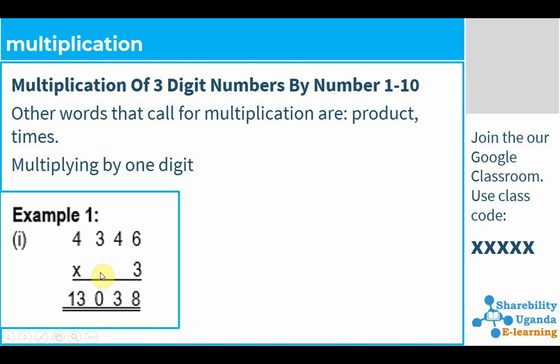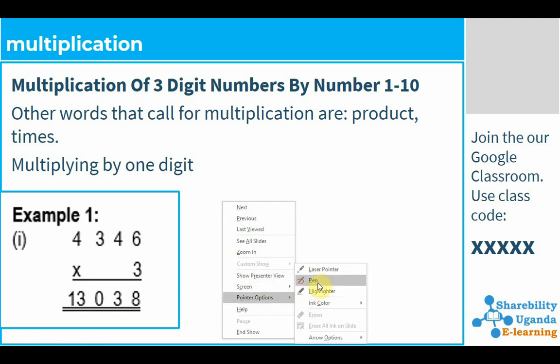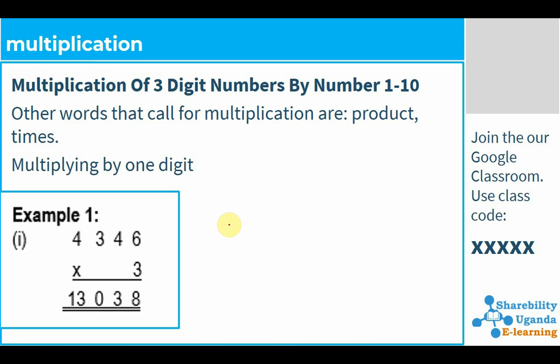Okay. So let's get started. We shall say 3 times 6. How do we deal with this? 3 times 6 is the same as 3 added 6 times.